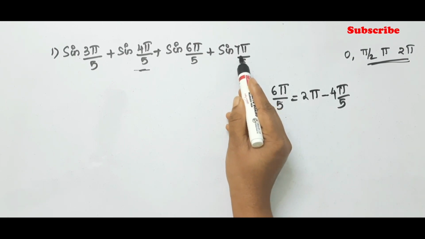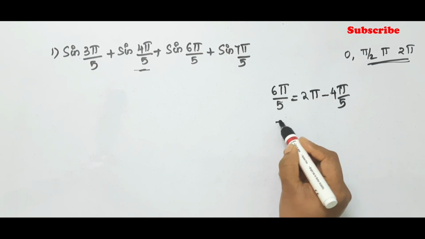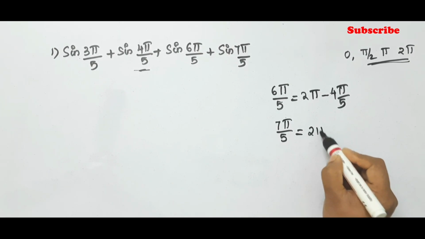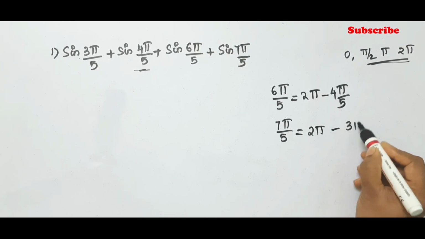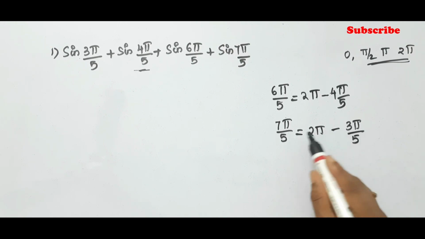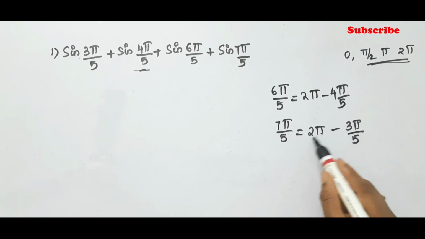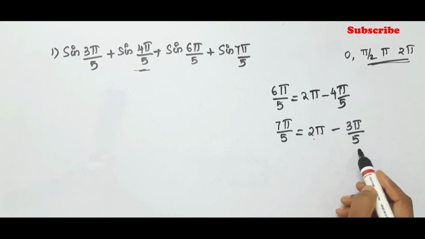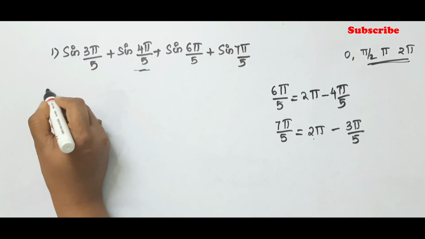Okay. Similarly, we have to transform this 7 pi by 5. So 7 pi by 5 can be written as 2 pi minus 3 pi by 5, is it not? 5 twos are 10, 10 minus 3 we will get 7. So we have split this 7 pi by 5 as 2 pi minus 3 pi by 5. Now just substitute here.